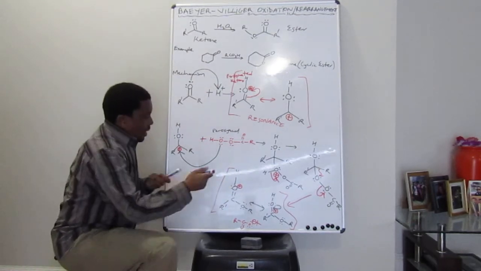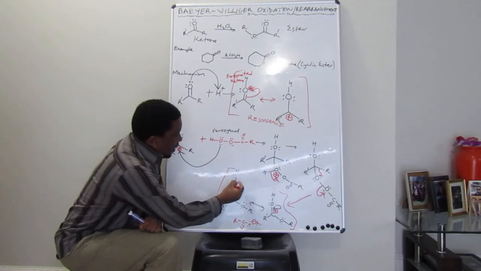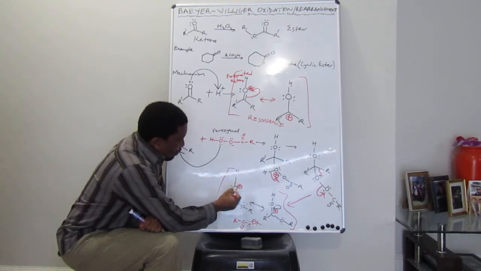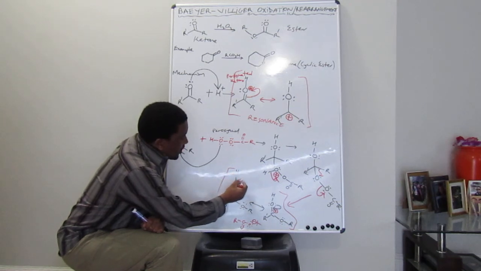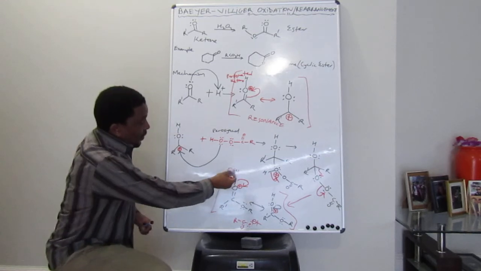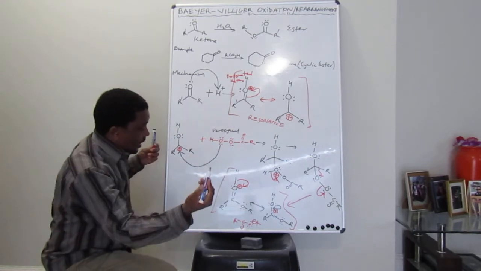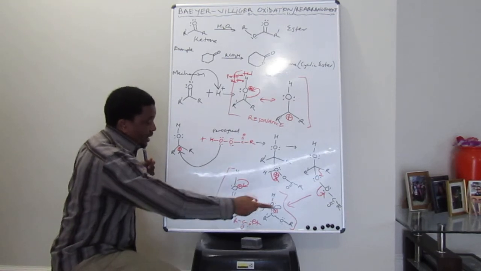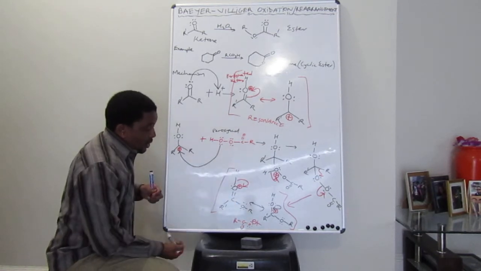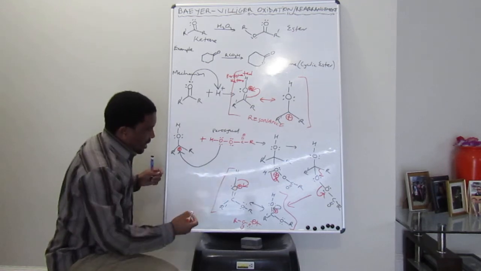So with that one, this oxygen, which is bearing a positive charge and more electronegative than hydrogen, will simply take away the bond pair. Then with that hydrogen falling off as H plus, right? That H plus can combine with that carboxylate to generate your RCOOH, that is your carboxylic acid.